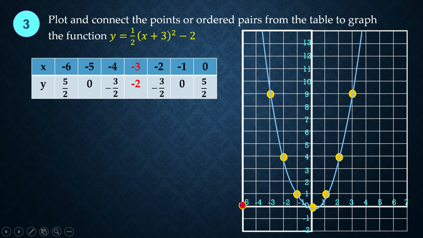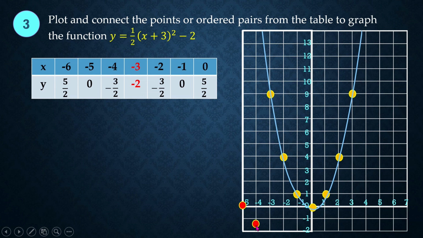X is negative 5, which is on the negative x-axis. Then y is 0, so it lies on the x-axis. Next is negative 4. X is negative 4, then y is negative 3/2. Negative 3/2 as a mixed number is negative 1 and 1/2. So, if x is negative 4, going down negative 1 and 1/2.